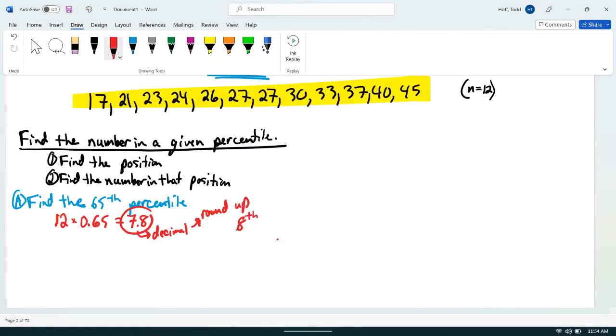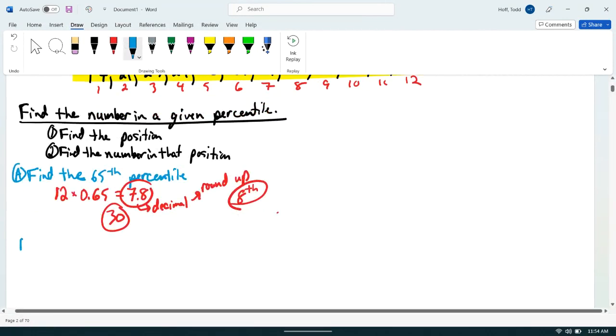That's the 8th number in the list is going to be our 65th percentile. So let's just number these: 1, 2, 3, 4, 5, 6, 7, 8, 9, 10, 11, 12. Well, the 8th number in the list is right there, number 30. So 30 is the 65th percentile for that list.